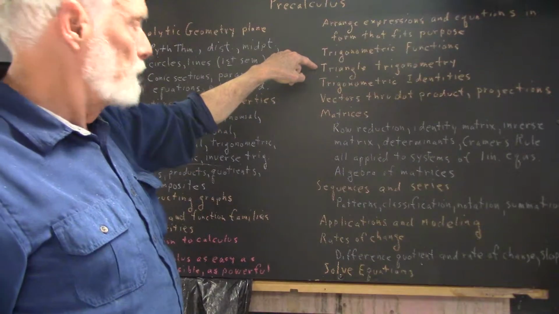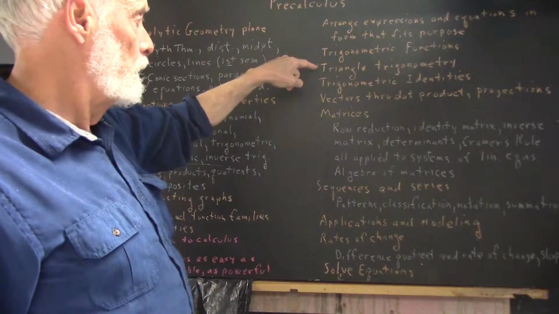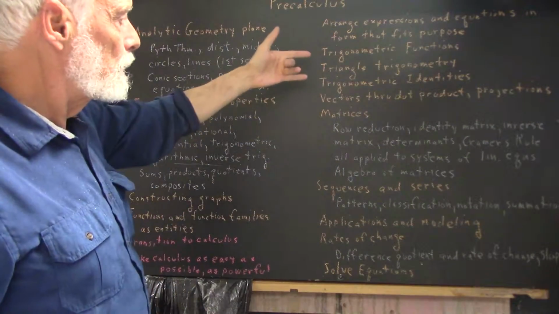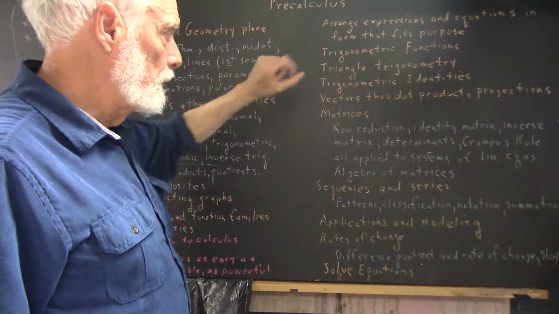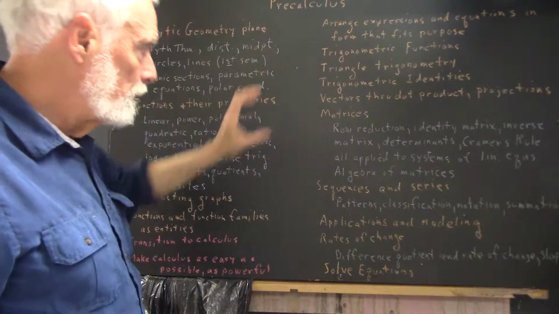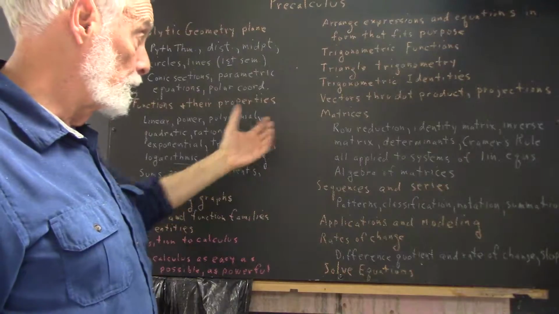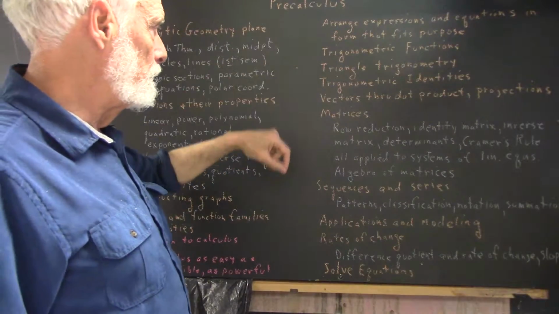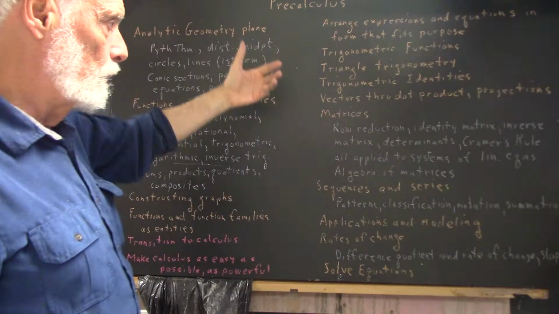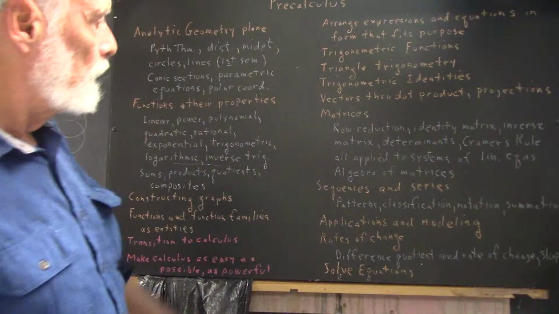Triangle trigonometry, which is generally pretty well done. Trigonometric identities. The more abstract we can get with our applications here, the better, but we can cover the fundamentals and leave the deeper applications for later courses, just because of the reality of time and student willingness to work and student preparation.